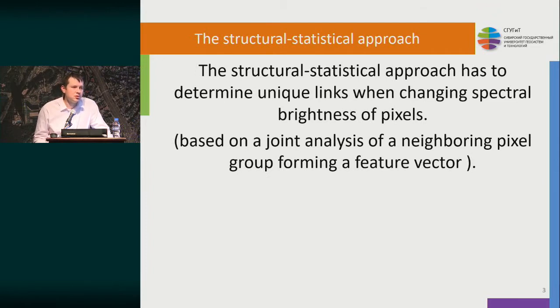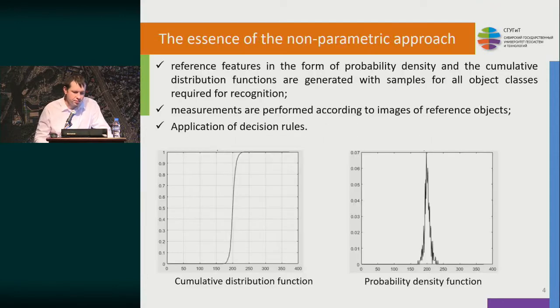So the purpose of the structural approach is to analyze neighboring pixels' brightness levels. And this analysis is done on a grouping basis. Depending on the types, different approaches can apply, parametrical or non-parametrical.